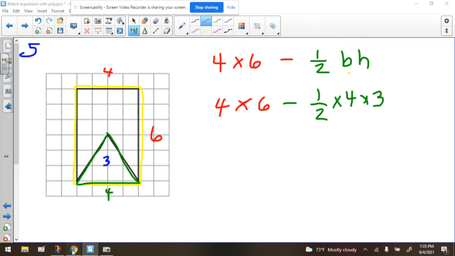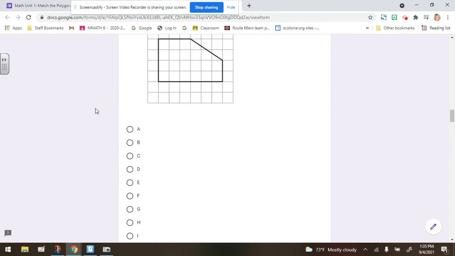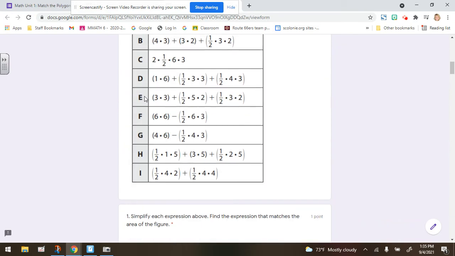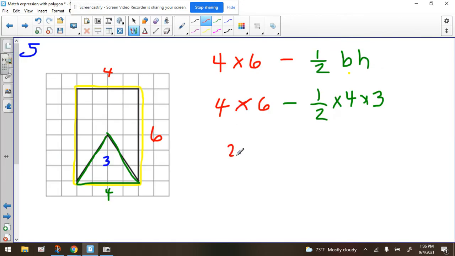Now, what we could do is look at the lineup here of choices to see if there's anything that matches that idea. So I see the 4 times 6 here, and then I see the triangle. So this is the rectangle that we were looking at, and this is the triangle being subtracted out from the rectangle. Now, there is another way that you could approach this, and you would still get the same. If you simplified this, you would get 24 here. This would be 12, half of 12 would be 6, and you would do 24 minus 6 and get the area of the figure.